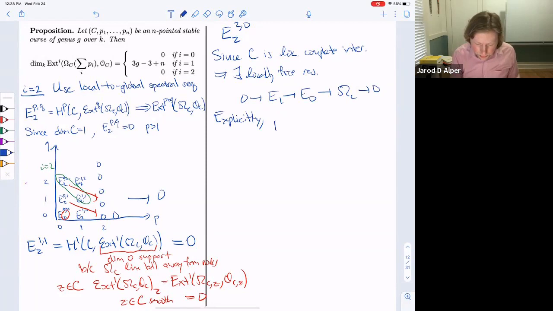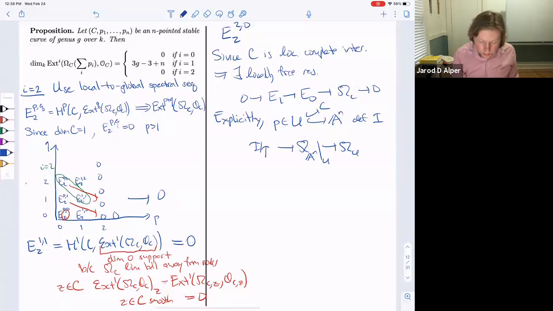what you can do is, if you have a point P in C, you can find an open subset U of C and an embedding into A^n defined by an ideal sheaf I, and then you have that omega on U is surjected onto by the restriction, and its kernel is exactly I mod I squared.